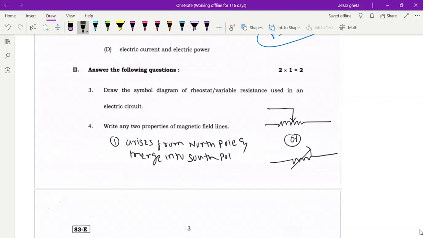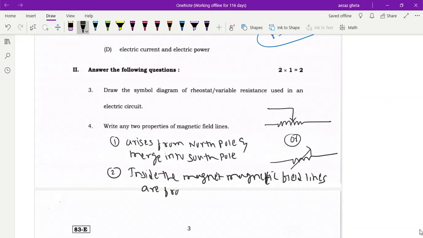Also, inside the magnet, magnetic field lines are from south to north. Write the full spelling, don't write shortcuts. And the third point you can add as an extra, it is always better to keep a standby.